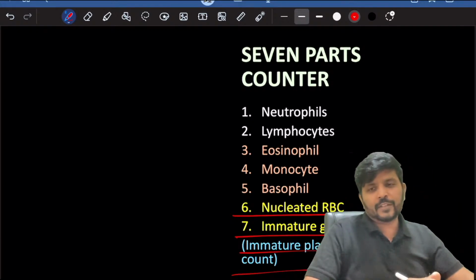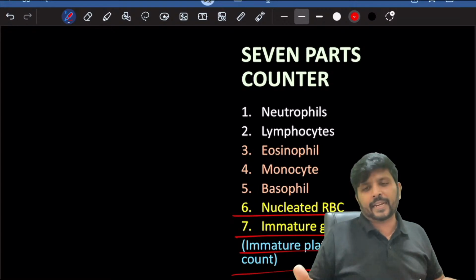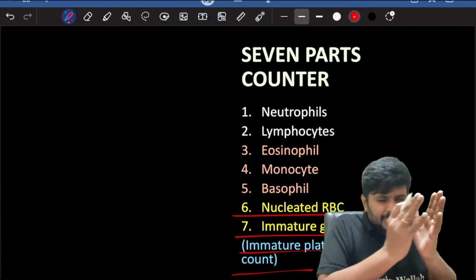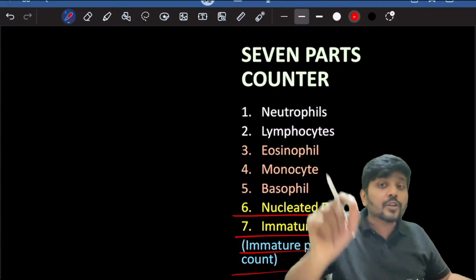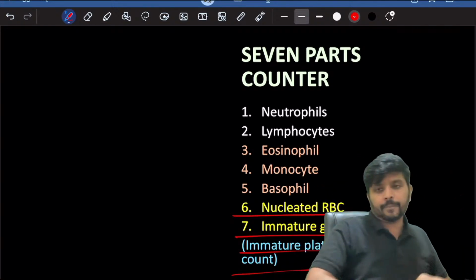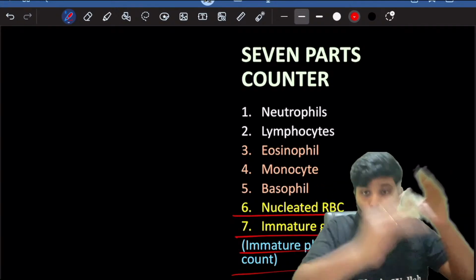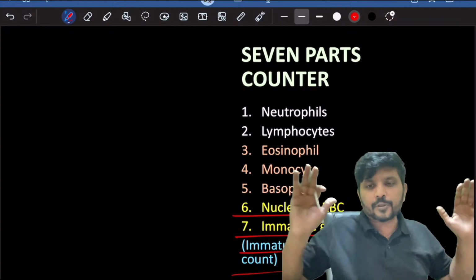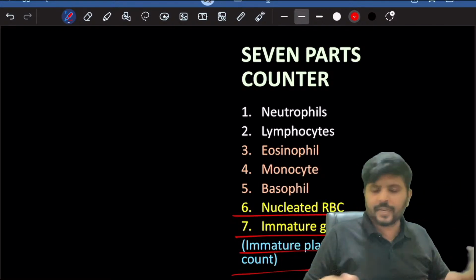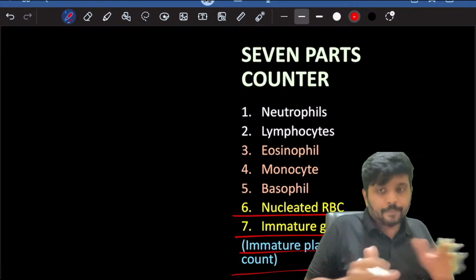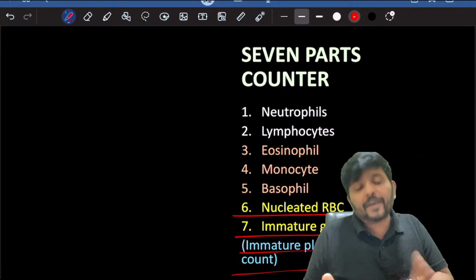As a result, it becomes sophisticated enough to identify the exact problem with respect to hematology without using a peripheral smear. I repeat, the gold standard is the peripheral smear study. I am not talking about your Neubauer chamber, it is totally gone. I'm talking about the peripheral smear study.